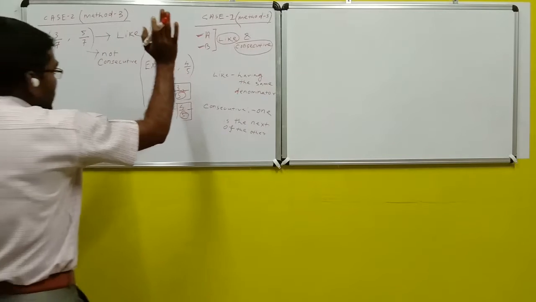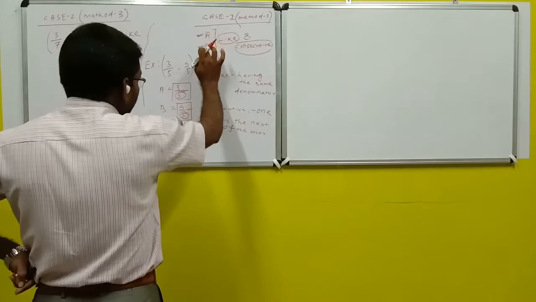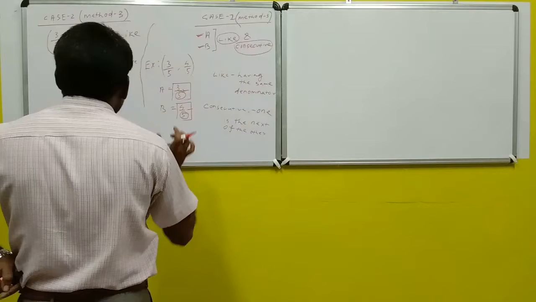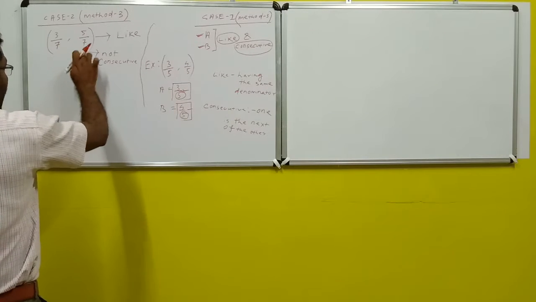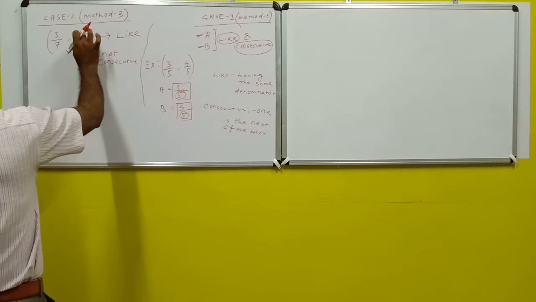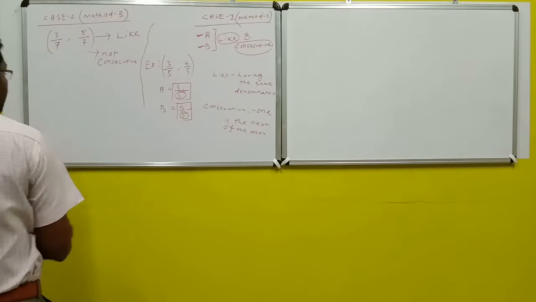So the difference between case 1 and case 2 is that in case 1 the two given rational numbers are both like and consecutive, whereas in case 2 your given rational numbers are only like, but they are not consecutive because one is not the next of the other.